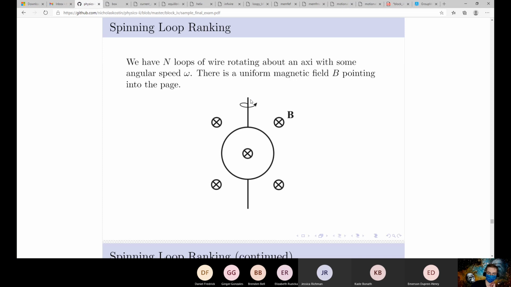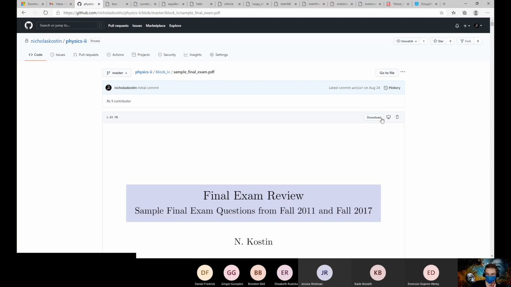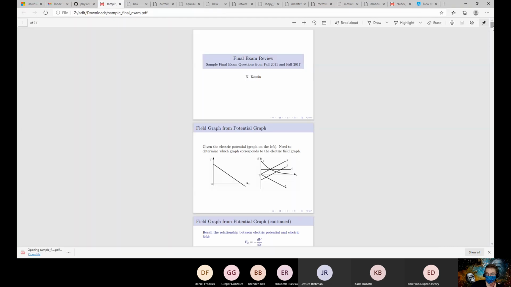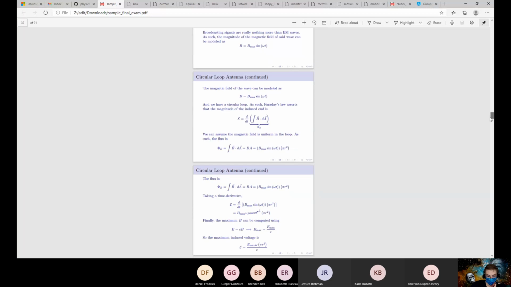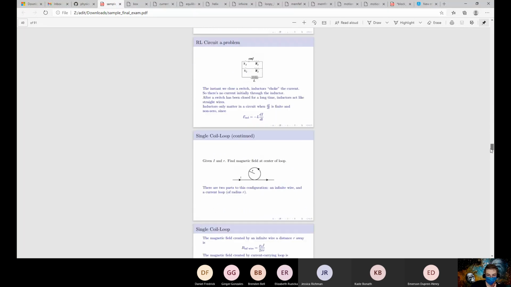So let's say we have a B field pointing into this page, as indicated by these X's here. Let me download this document so I can draw on it. Here it is.